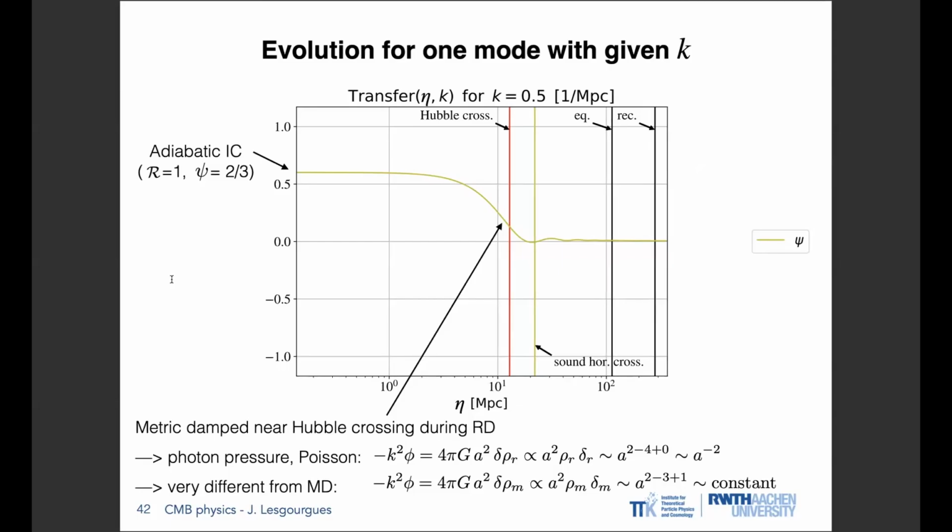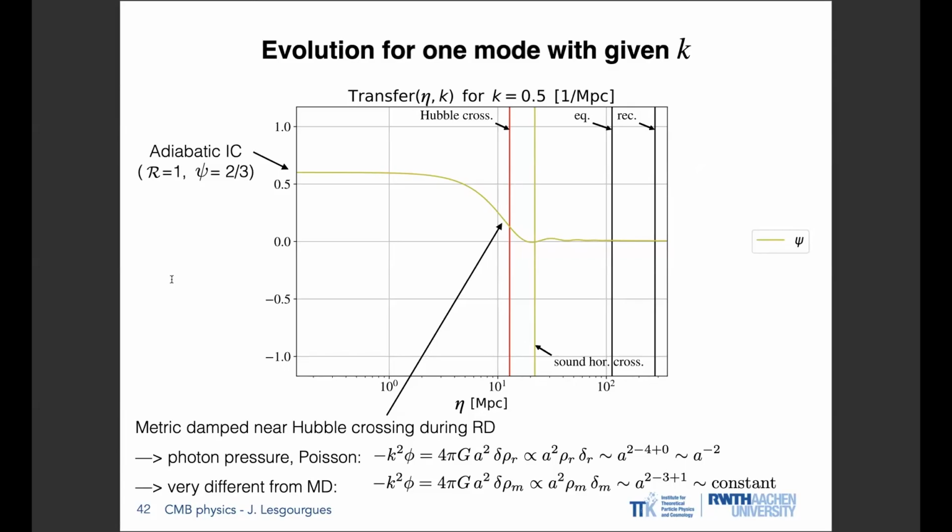And I remind you that we follow transfer functions. It means that we follow the actual solutions of the system of equations normalized to adiabatic initial condition with r equal 1. So the initial conditions for each function are given by a simple numerical factor, which can be read from the beautiful equality between all the perturbations in the initial condition.